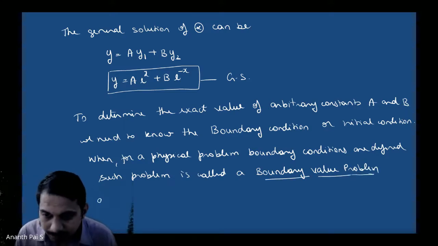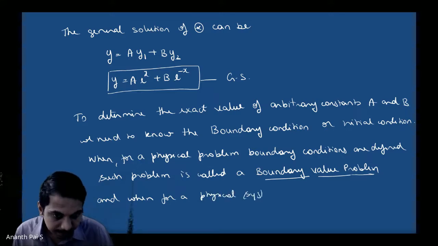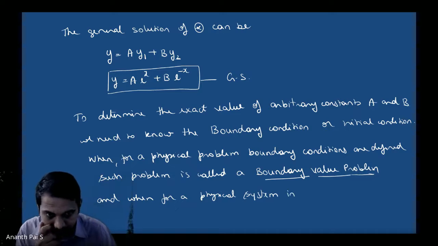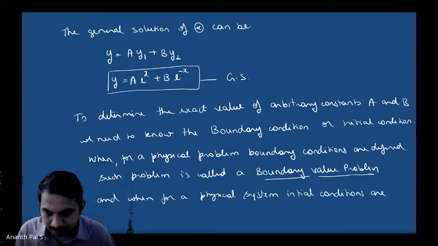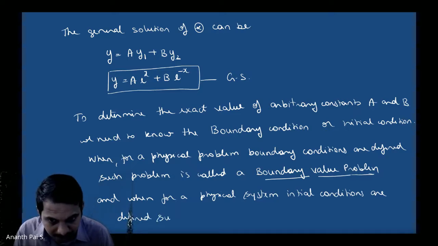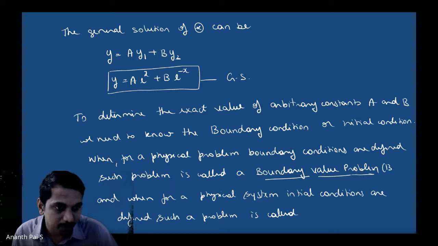And when for a physical problem, for a physical system, initial conditions are defined, such a system, such a problem is called, we will write this as BVP, okay?